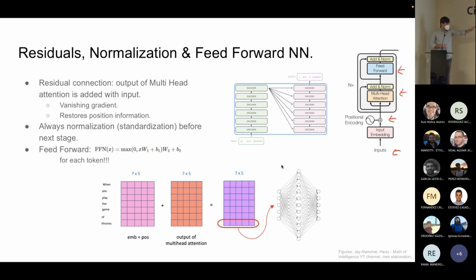Transformer architectures do this in every layer; every step in the pipeline is normalized afterwards. We also have residual connections that have shown to be a really powerful mechanism in vision. They also help with training because information may vanish through all the layers. So with residual connections, we can skip and retain the information.